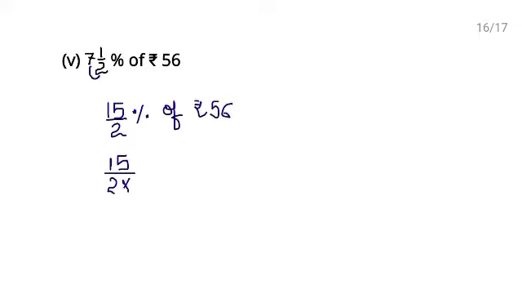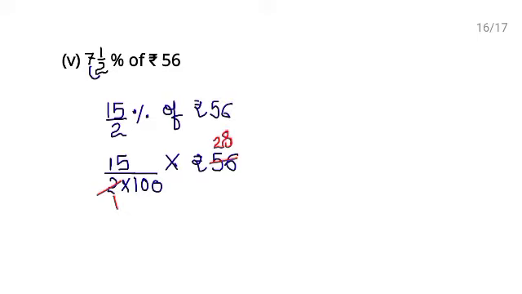So when you will remove percent sign, you will write 100 in denominator. Clear? Of means multiplication. Rupees 56. Now solve it. 2 1s are 2. 2 2s are 4. 2 8s are 16.